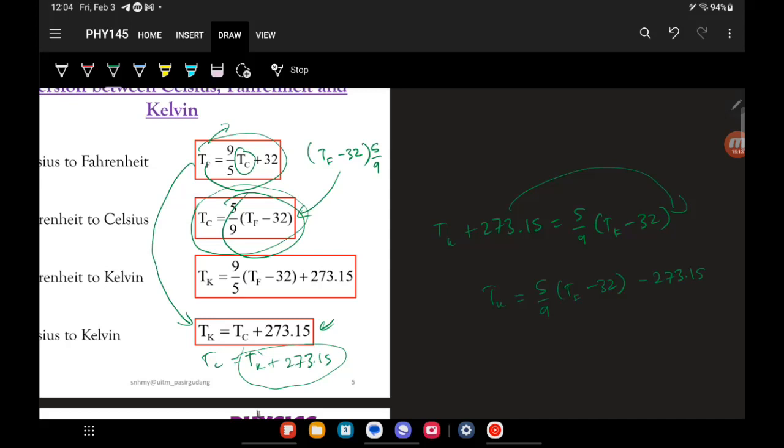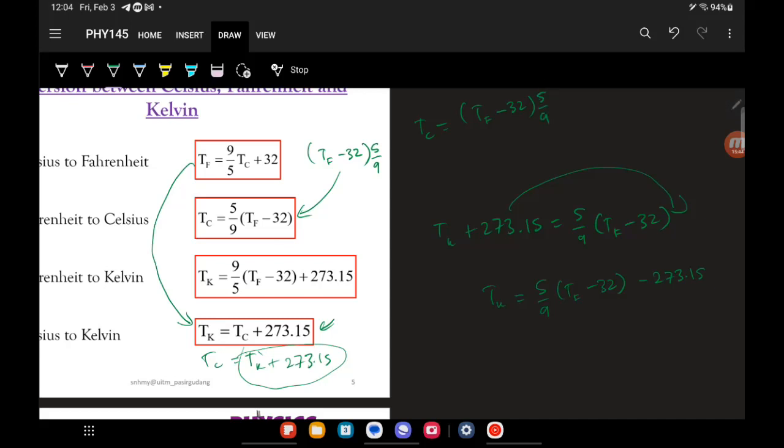If you want to change from Celsius to Kelvin, I don't think you have any problem. But if you want to change Fahrenheit to Kelvin, you can always change to Celsius first. TC is equivalent to TF minus 32, multiplied by 5/9.